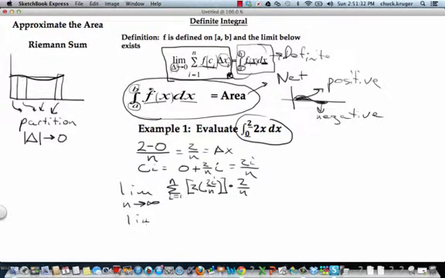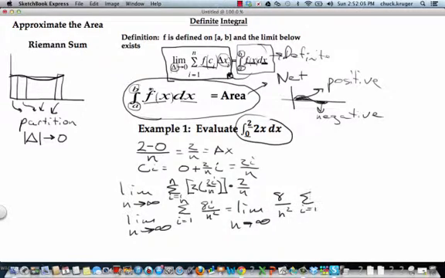So I get the limit as n goes to infinity of the summation of i equals 1 to n. Now if I compute this, I'm going to have 2 times 2, which is 4, 4i over n. Now multiply it by 2 over n, so I'm going to get 8i over n squared. And then I'm going to rewrite that as the limit as n approaches infinity. I'm going to take out my constants, my 8 over n squared, and I've got my summation of i equals 1 to n of i.